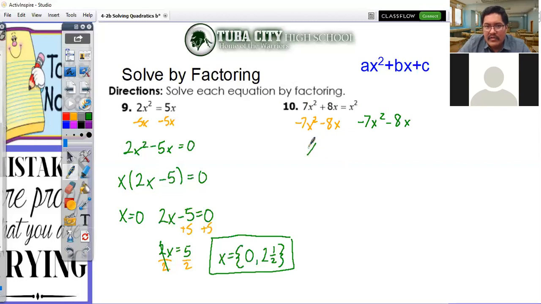So now I have a new equation. X squared minus 7x. Wait a minute. Looking at the terms, I have two x squared numbers. So actually in this case, this would be x squared minus 7x.